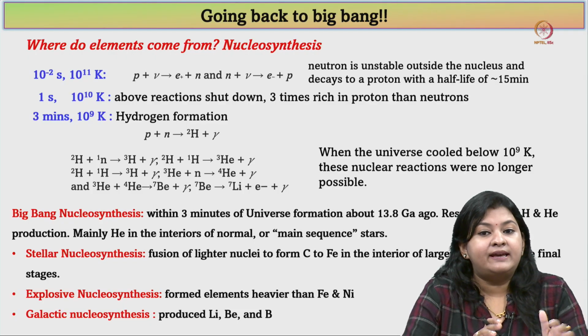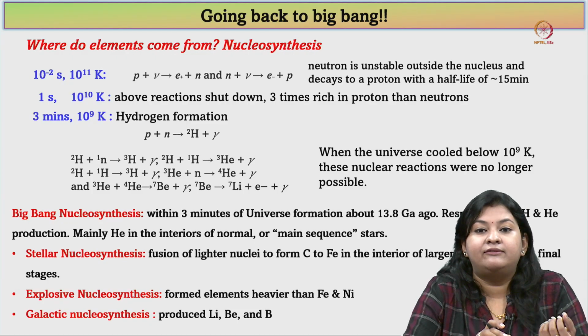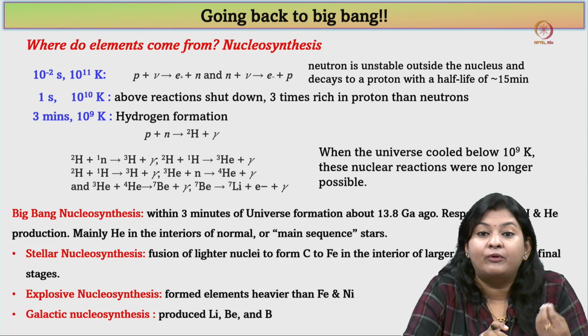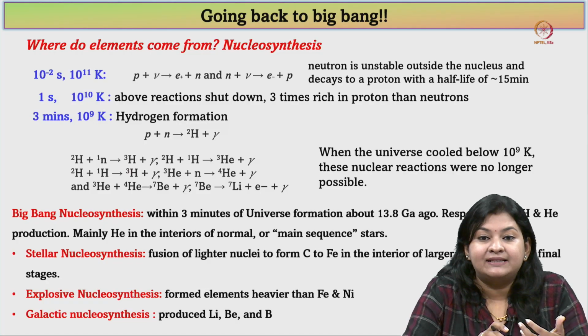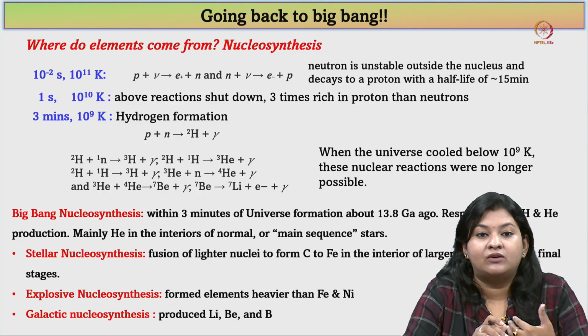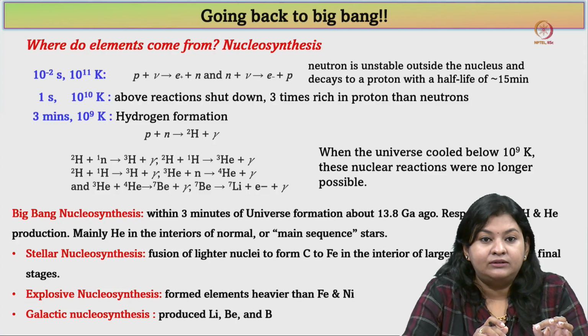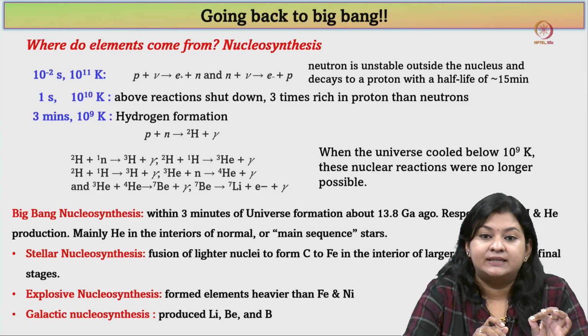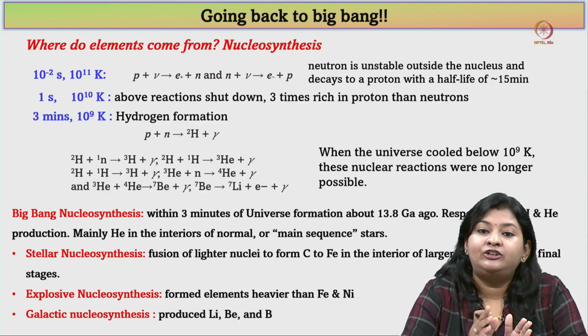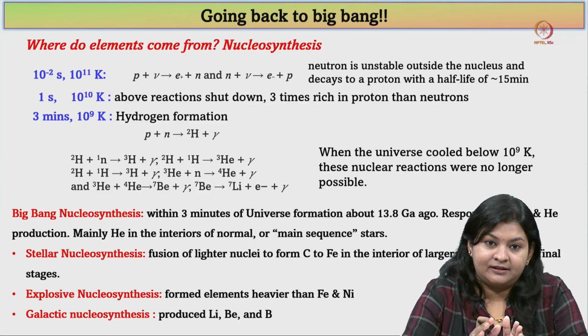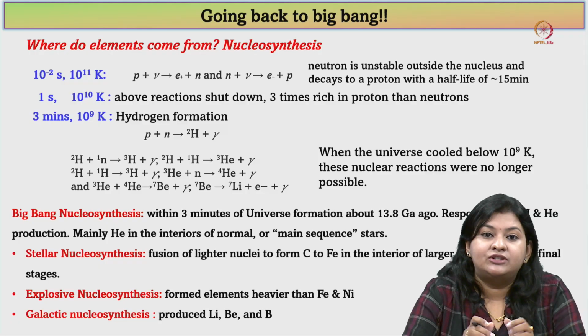At the very beginning, from the point at which time started, if I break down even seconds, sub seconds and all that, at 10 to the power minus 2 second, when the temperature was 10 to the power 11 Kelvin, at that time there were just protons and neutrons.